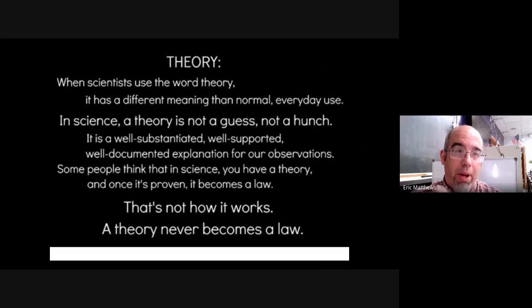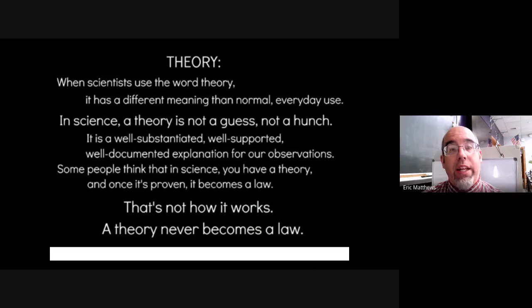In order for something to become a theory, it has to be supported, proven by multiple experiments, tens, hundreds, thousands of them, all have to come to the same conclusion in order for something to become a theory. So for instance, cell theory. Now, I doubt any of you sit there and go, well, cells aren't real, because we can see them. That's just a theory. A theory in biology will never become a law. It doesn't work that way.